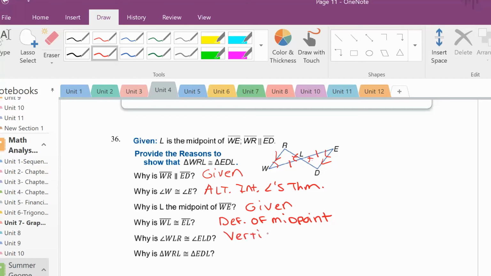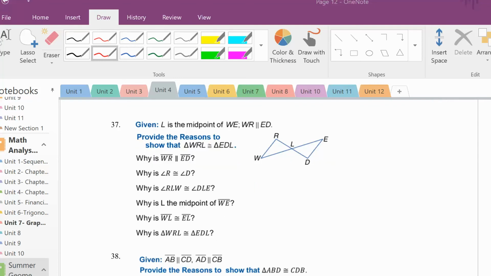So, the vertical angles theorem. And then why are the two triangles congruent? Well, you have angle, side, angle. Angle, side, angle. So it's angle, side, angle congruence. Why don't you look at the next one, number 37, see how you do, and then we'll go over the answers.